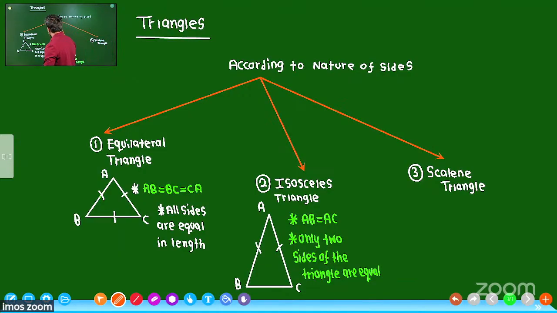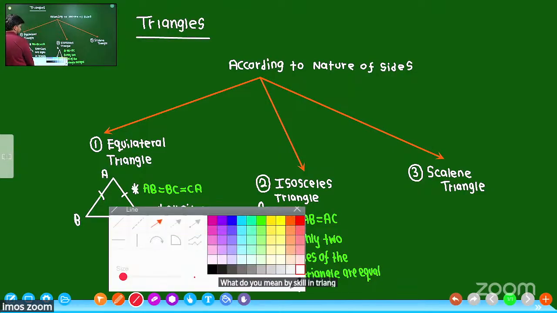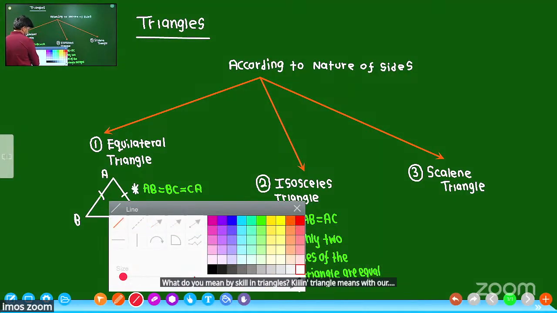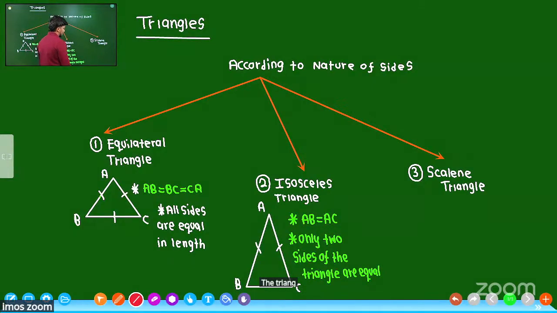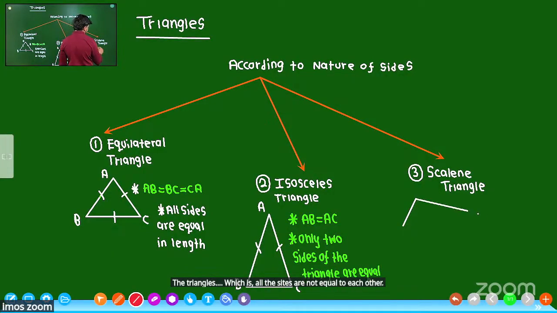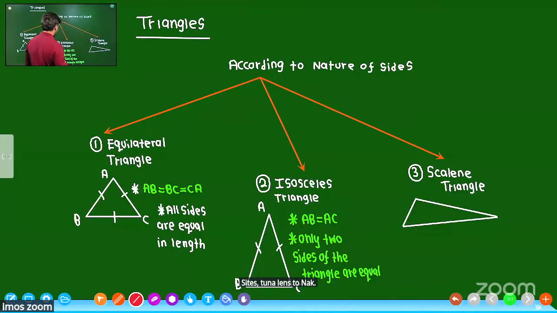What do you mean by scalene triangles? Scalene triangle means, Puta, the triangles in which all the sides are not equal to each other. අපි කියන මේකට විෂමපාද ත්‍රිකෝණ කියලා. ඒ කියන්නේ පුතේ මේ sides තුන lengths තුනක්. හරි. You have to understand that.